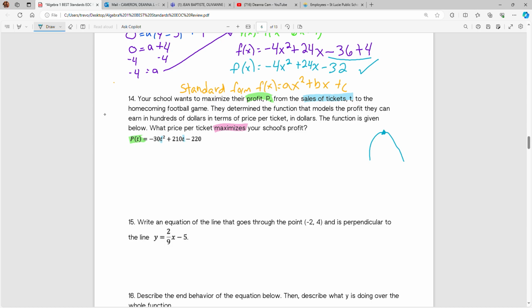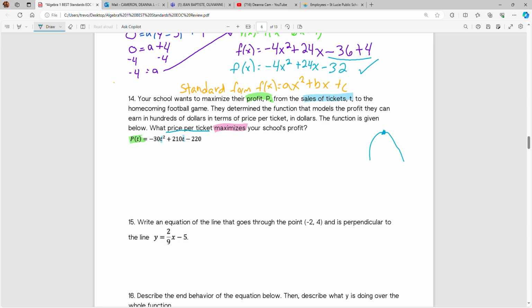And what price per ticket? Price per ticket. And if this is the profit, blue is the ticket sales, right? So we have to find out what's T at the vertex.